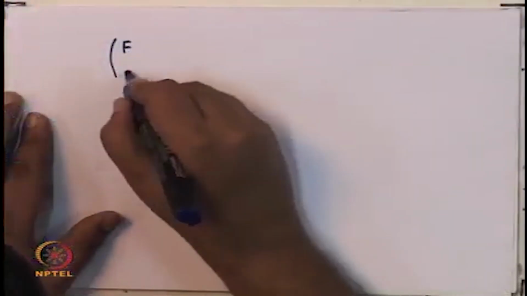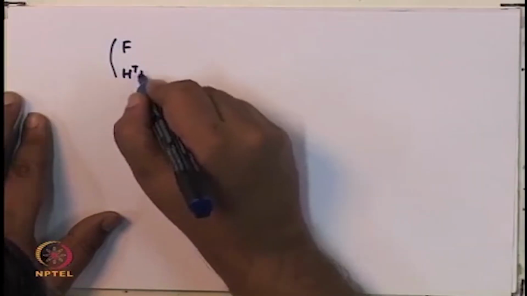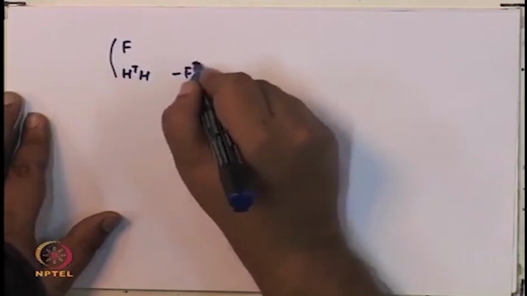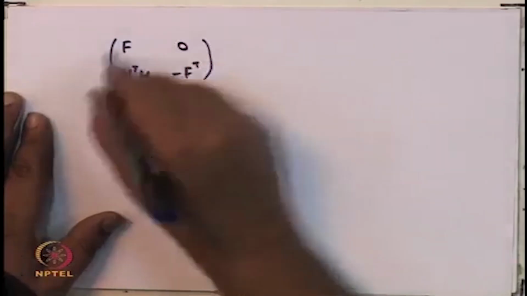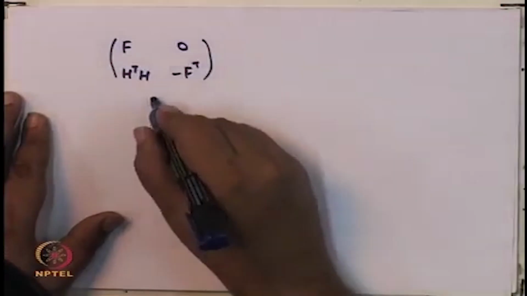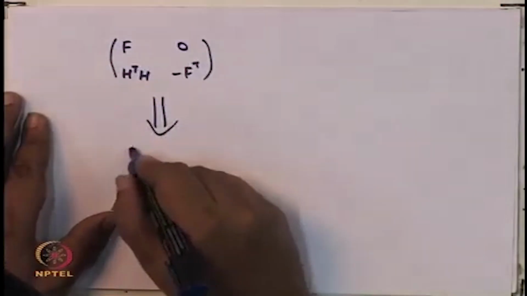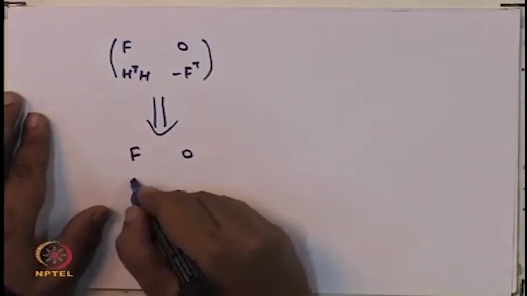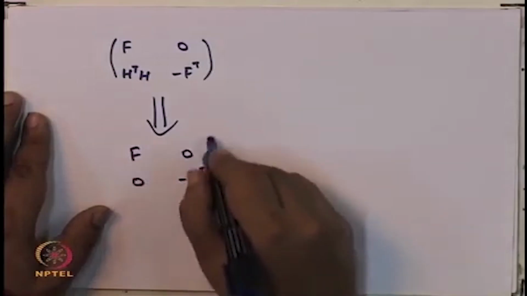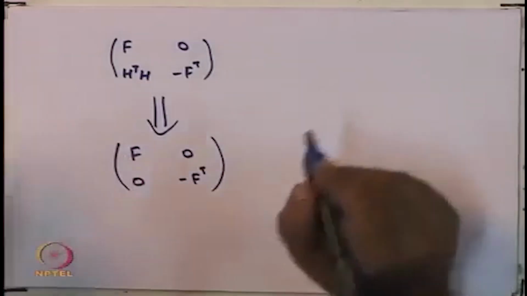okay. So what I'll do is I'll write down the original system matrices and I'll write down what the corresponding system matrices are. So the original matrices, this is the system matrix that you had, and under transformation this goes to F 0 0 minus F transpose. Okay.